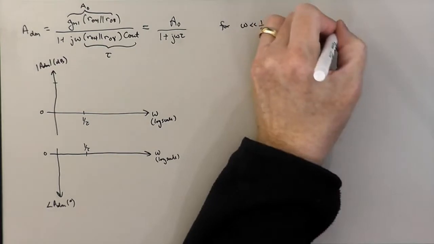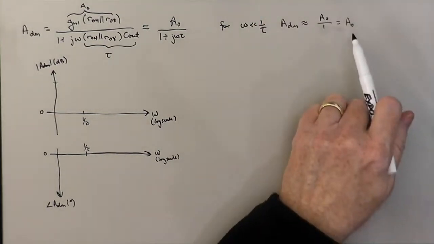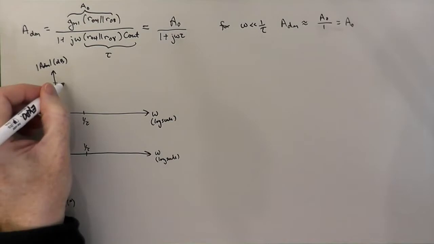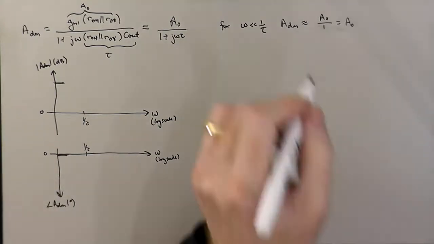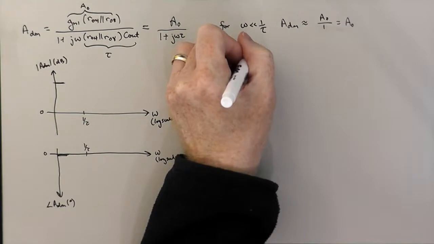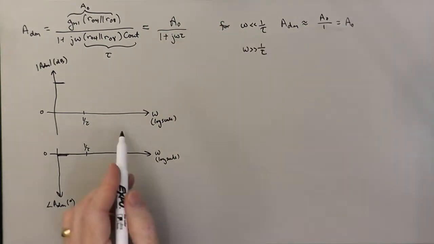And so this is just A0. So the magnitude is A0, and the phase angle is going to be 0. And so if we're in this region here, we're in this region here, and this region here. So if we look at omega much greater than 1 over tau, this would be somewhere over here.